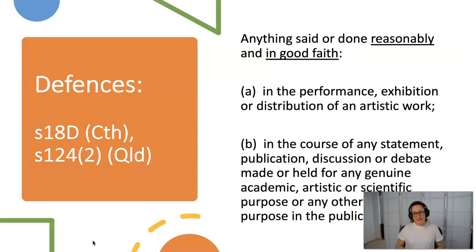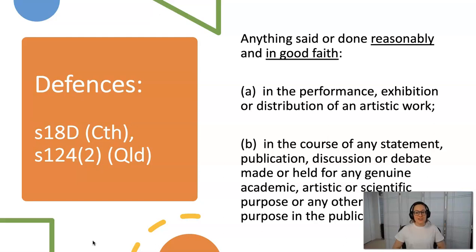There are defences to vilification. They are very similar under both the federal and state legislation. And generally the defense is that something is said or done reasonably and in good faith, either in the performance, exhibition, or distribution of an artistic work.